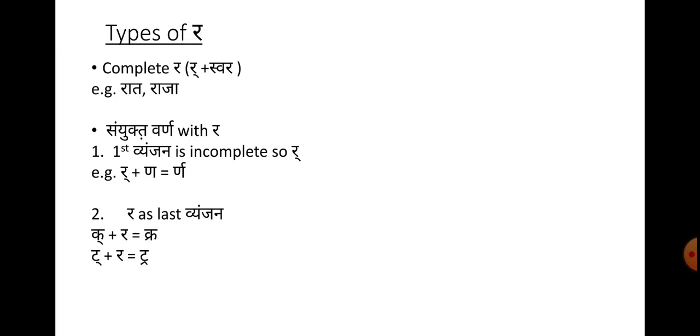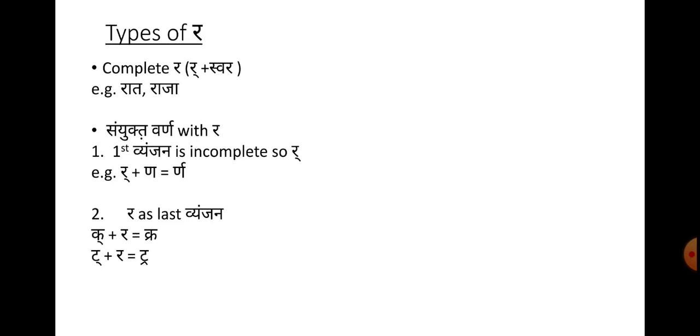So look at the example here. It is incomplete R, right? So R adhik na, it makes rana. So just say rana. The sound of R is very short and na is complete.